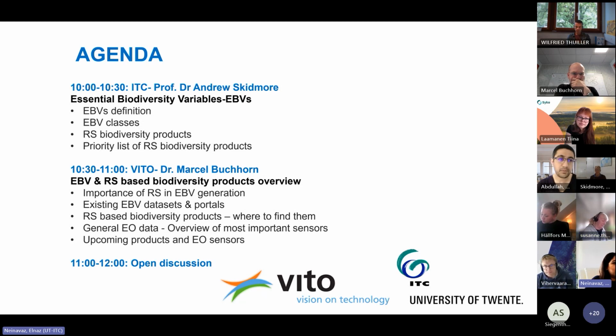And the second presentation will be addressed by the other esteemed colleague, Marcel Buchhorn. I hope the pronunciation would be correct. Both presentations will each be 30 minutes, and after finishing the presentations, we will have 1 hour to have open discussion.